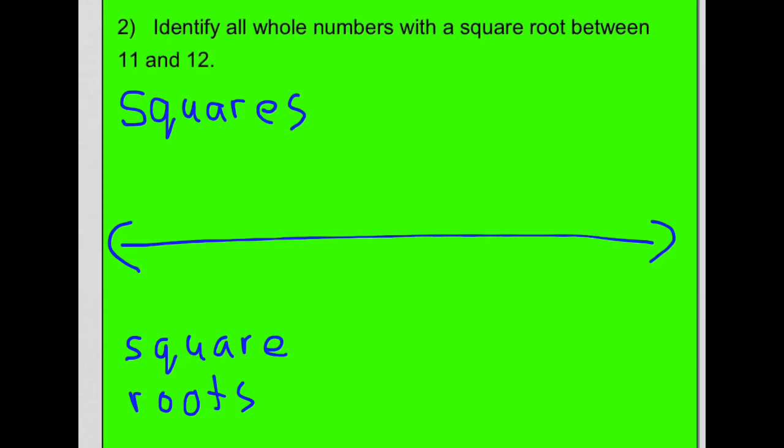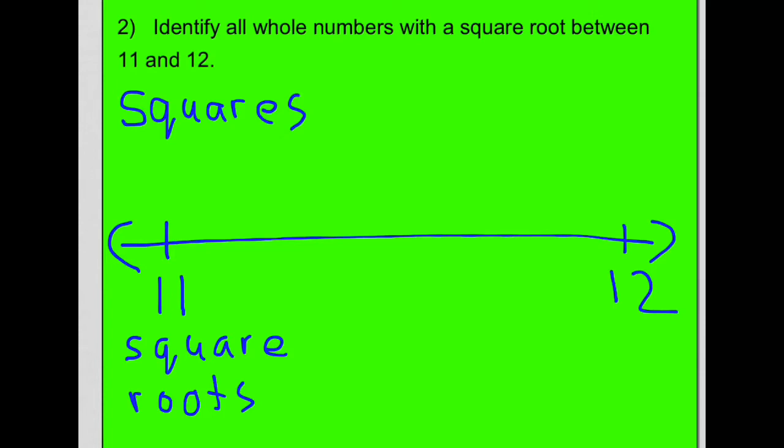Again, reading the question is really important. All whole numbers, so we're not looking for decimals or fractions, that have a square root between 11 and 12. So in this question, we are given the square root 11 and the square root 12. So let's label that on the number line. Square roots go on the bottom. So we want all the whole numbers that will have a square root between 11 and 12.